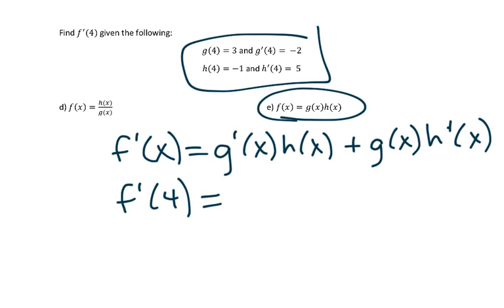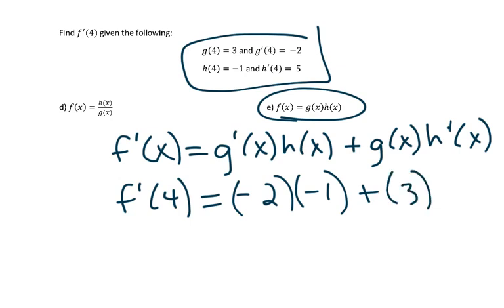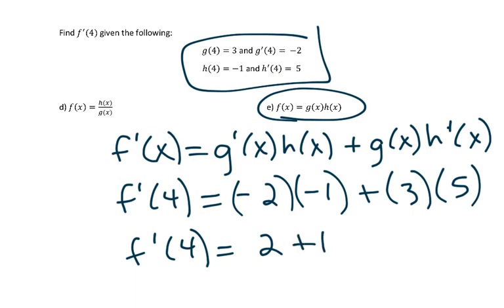G prime of 4 is negative 2, and we multiply by h of 4, which is negative 1, plus g of 4, which is 3, times h prime of 4, which is 5. So we have f prime of 4 is equal to 2 plus 15, which gives us 17.